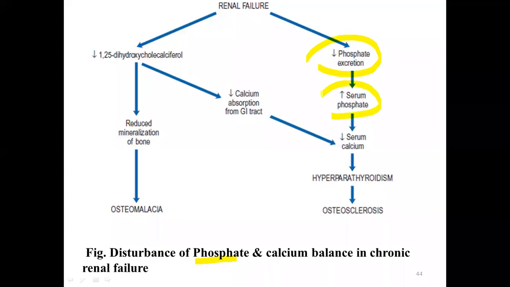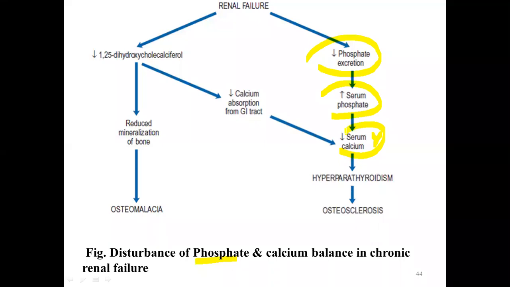But this high phosphate can bind with calcium, and this reduces the serum calcium level. Then, as a result of low calcium level, which is a signal to activate the parathyroid gland, the patient will have hyperparathyroidism.